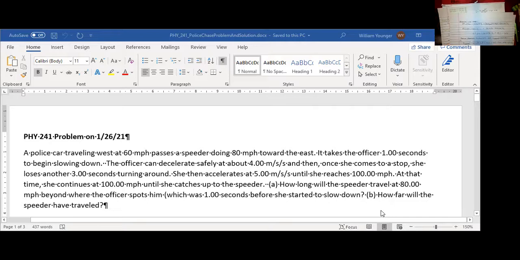She then accelerates at 5 meters per second every second until she reaches 100 miles per hour. At that time, she continues at 100 miles per hour until she catches up to the speeder. How long will the speeder travel at 80 miles per hour beyond where the officer spots him, which is when they're right next to each other? And how far will the speeder have traveled after that time?